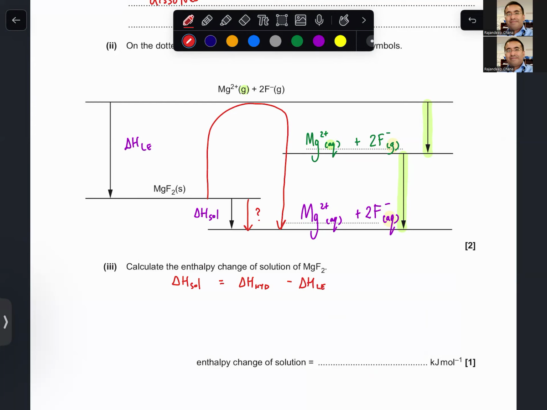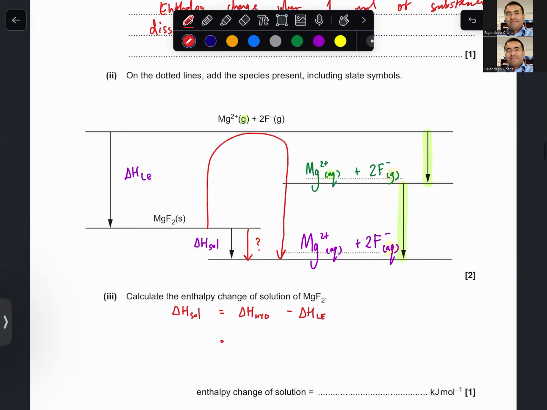That will be our formula, so to speak. So what is this? Let's add up the hydration enthalpies. Remember, these are per mole. And for the fluoride ions, we've got two of these.